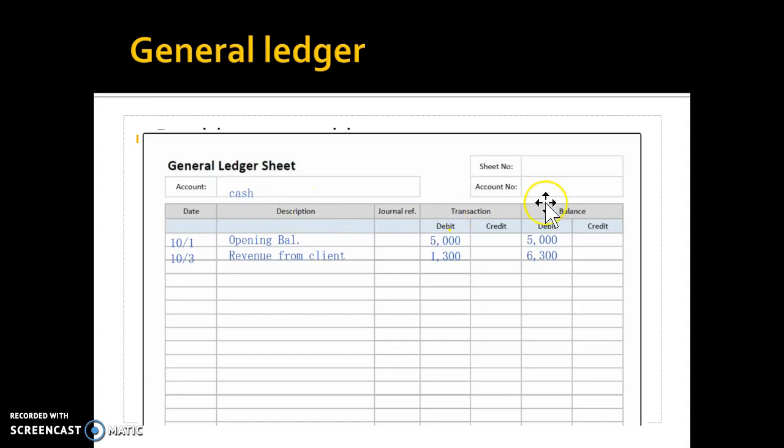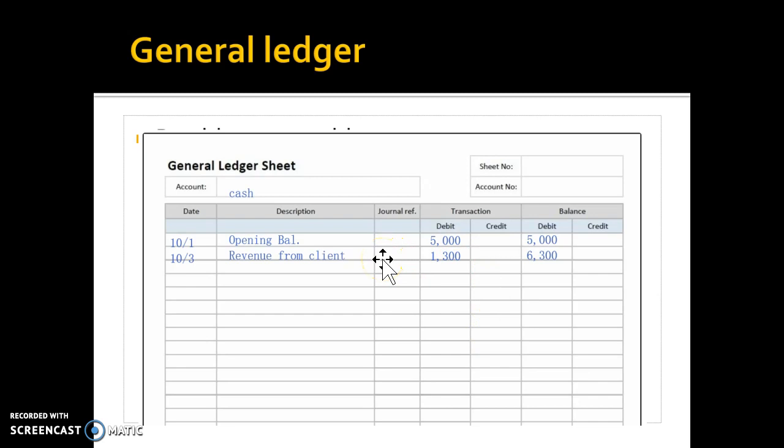Another example related to the first page I showed you: you have a cash account, number 111, and the beginning balance, say 5,000, a debit. On October the 3rd, you received revenue from a client, 1,300, so you would debit 1,300 to it, and your ending balance will be 5,000 plus 1,300, which is 6,300. There should be a journal reference, say J1 as in the previous case, which is the first page of the journal.